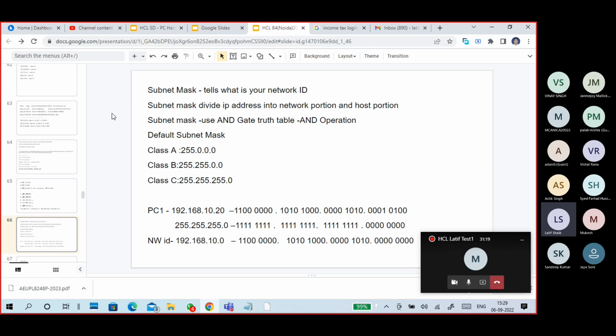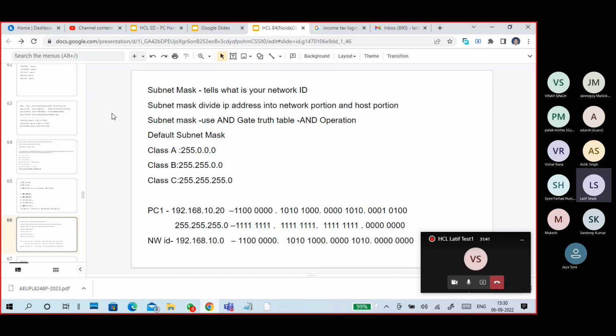The default subnet mask is 255.0.0.0 for class A. Class B default subnet mask is 255.255.0.0 and class C subnet mask is 255.255.255.0. Why is it called the default subnet mask?